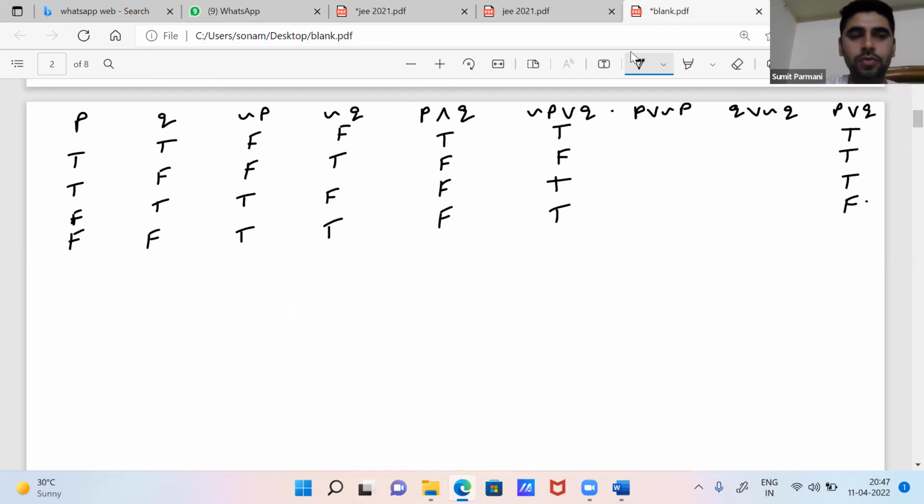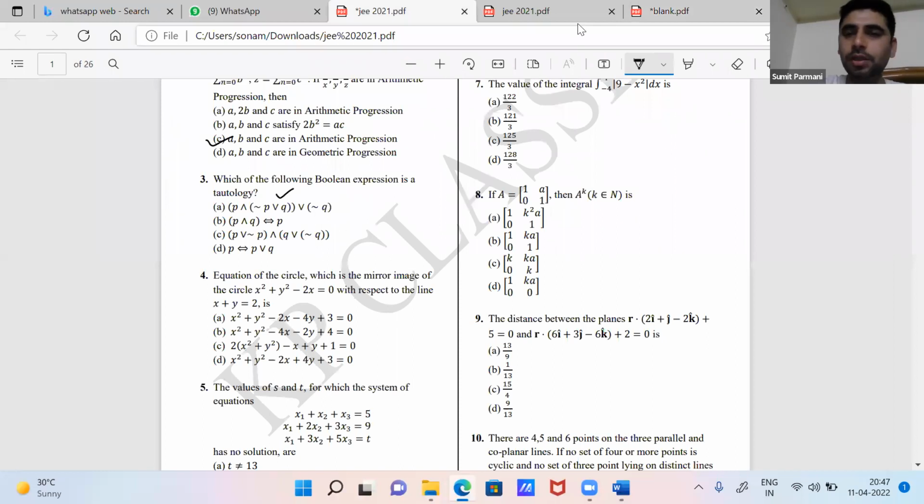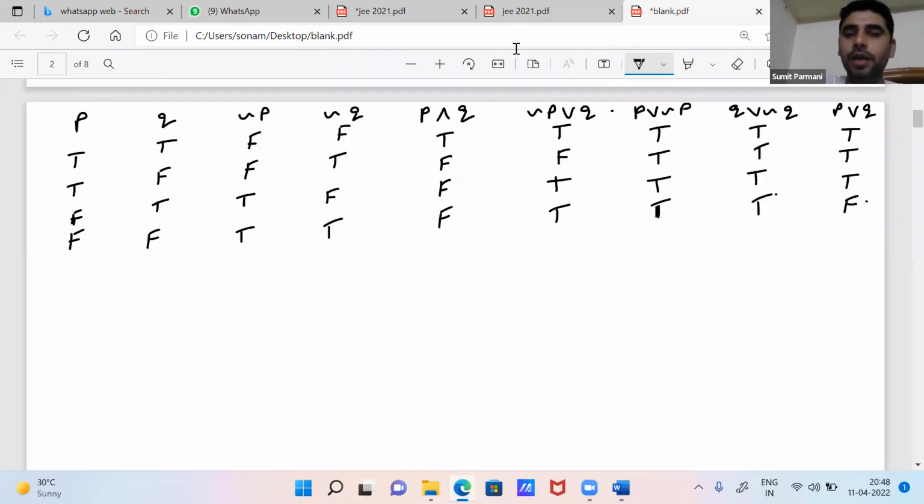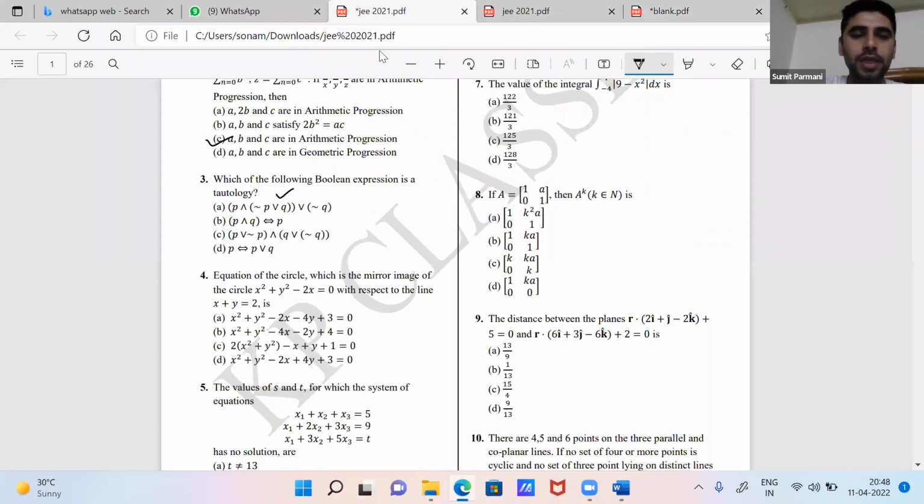For P or negation of P, we have true, true, true, true, and for Q or negation of Q, also true, true, true, true. So this truth table you have to make to complete. Now you can satisfy the answer.